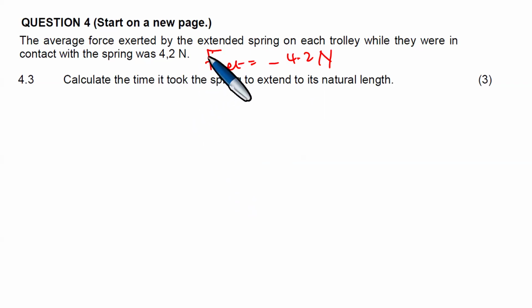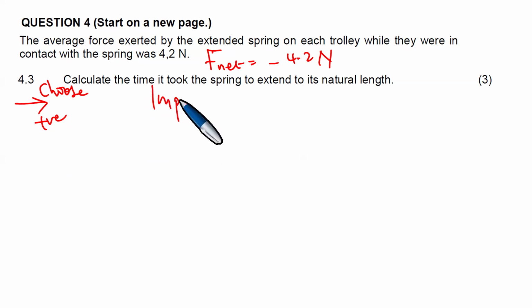If you choose to the right, it's positive. Calculate the time it took the spring to extend to its natural length. So we're going to use impulse. So impulse would be F net delta T is equal to delta P. Okay, good.